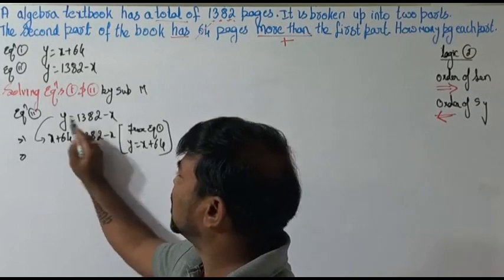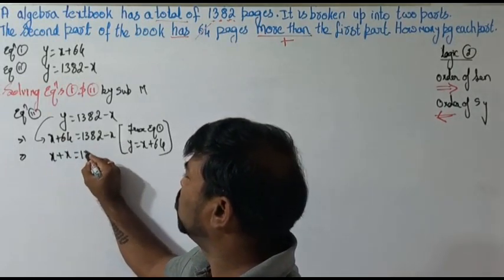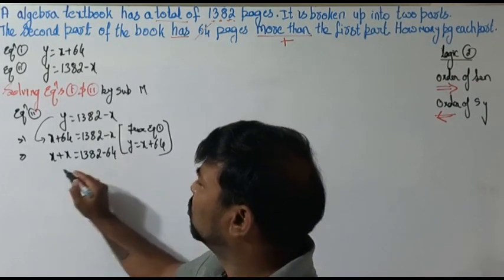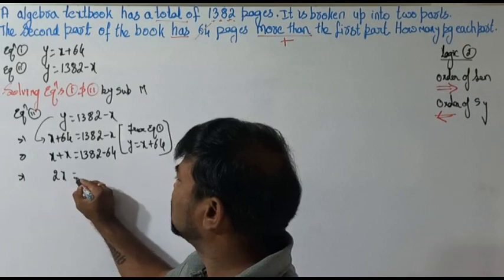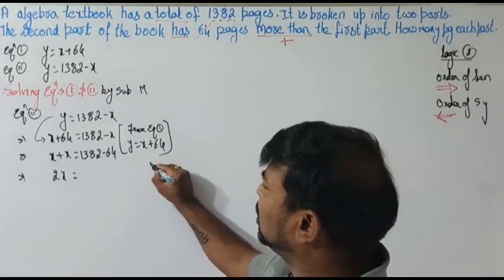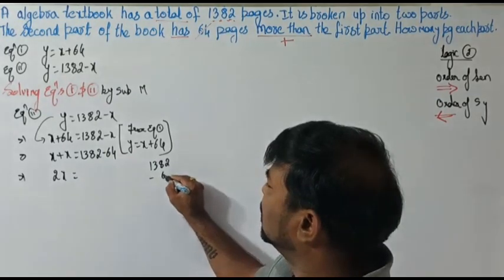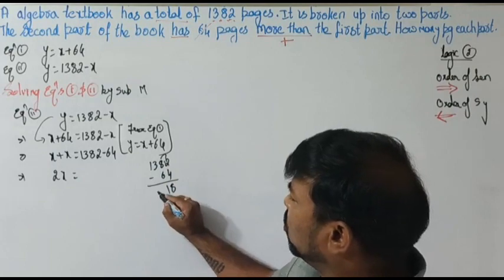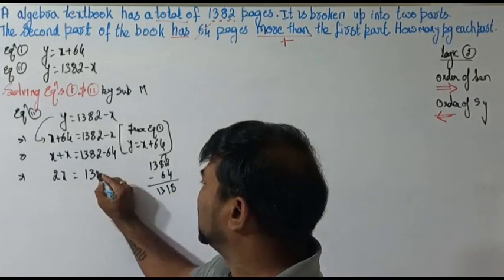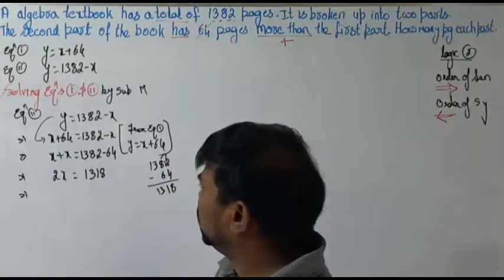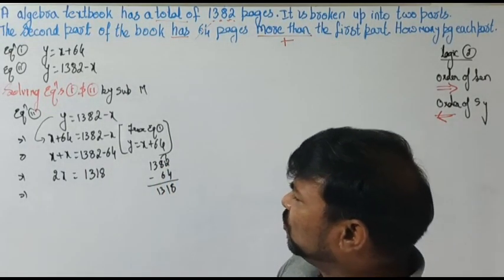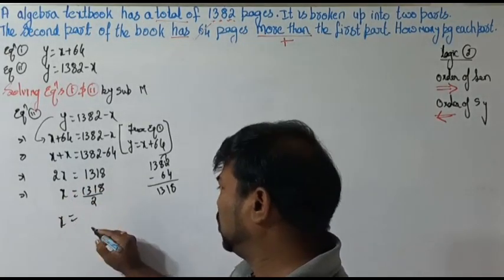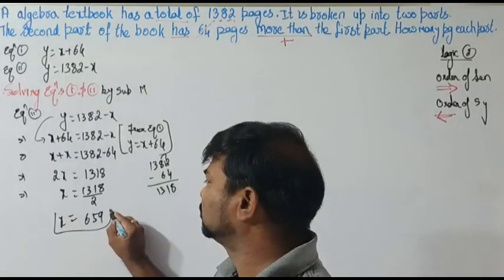If you simplify this, transposing, x plus x is equal to 1382 minus 64, which implies 2x equals 1382 minus 64, which is 1318. So x is equal to 1318 divided by 2, x equals 659.